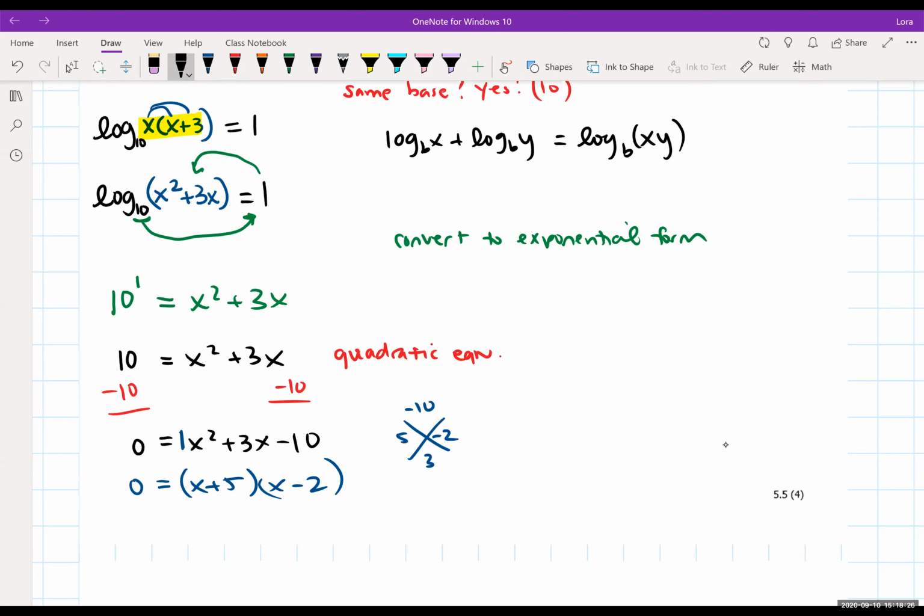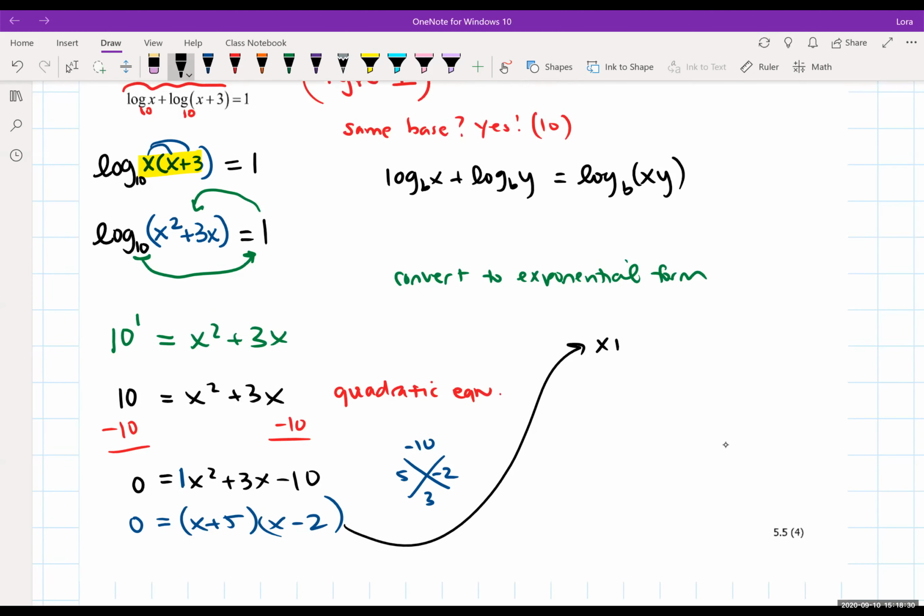I'm going to move over here just to have a little more space. We then set the factors equal to 0 to solve. It's just habit. I know a lot of you can skip these steps, but I like to show it if I'm making a video. Why not, right? Adding 2 to both sides, we have x equals -5 or x equals 2.